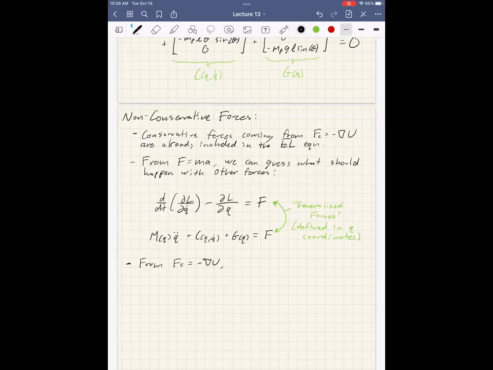It's not quite that. Remember, it's this variational derivative inside the integral. When I take that variational derivative inside the integral with respect to q of t, that thing needs to be F. So you're almost there. It's going to be F times q of t under the integral. Does that make sense? Okay, that's the idea.